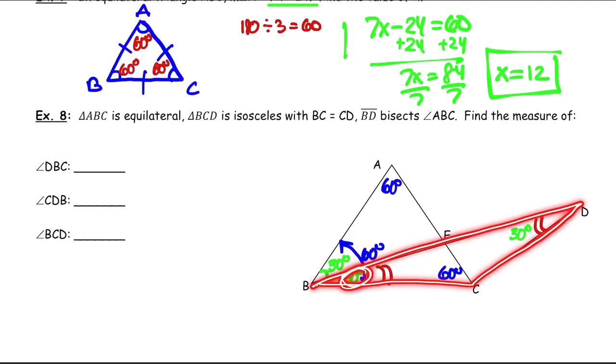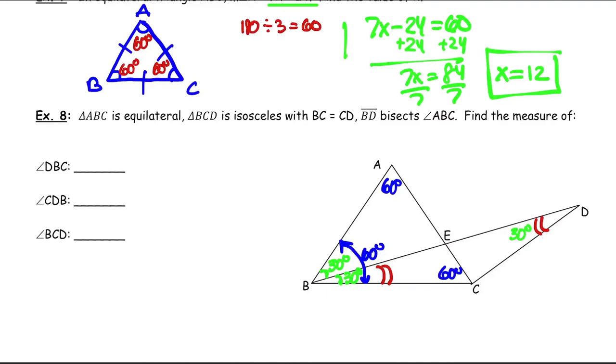This angle's 30, that angle's 30, so this whole angle here is going to be 180 minus 30 minus 30, or 180 minus 60. So that whole angle is 120. Well, if this whole angle here is 120 and that piece there is 60, then this piece here's got to be 60. All right, so let's fill that in.